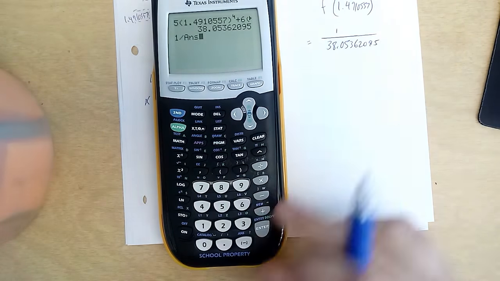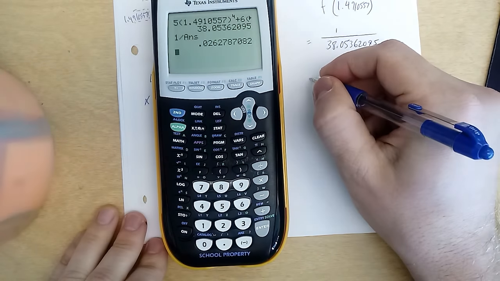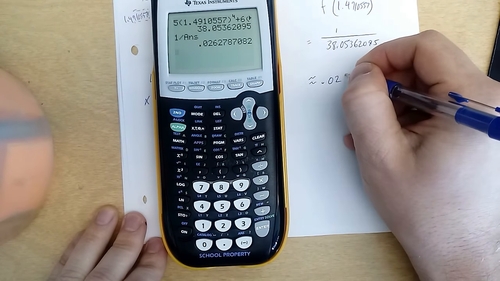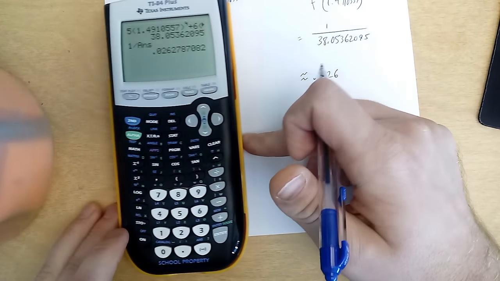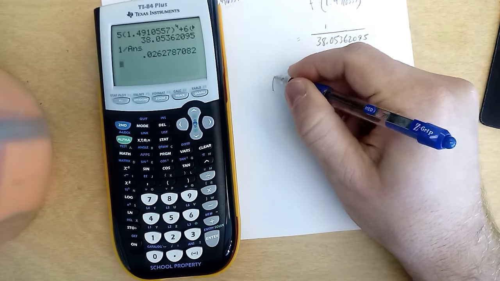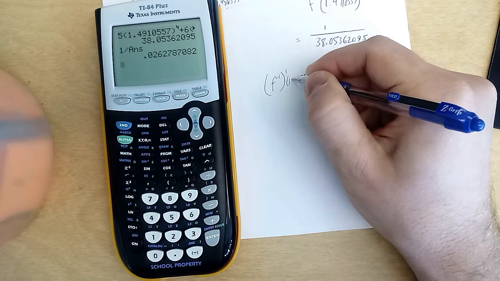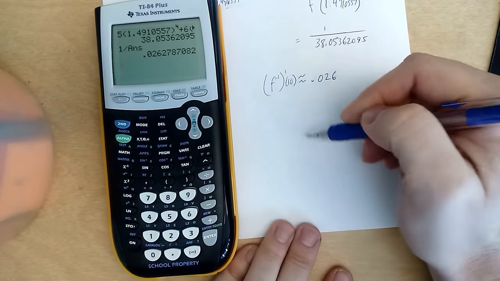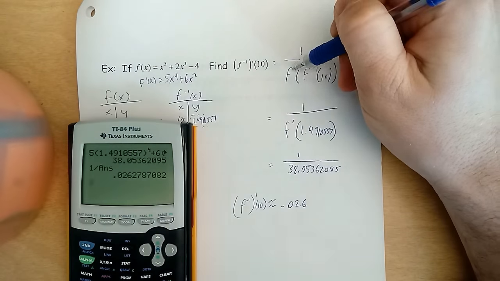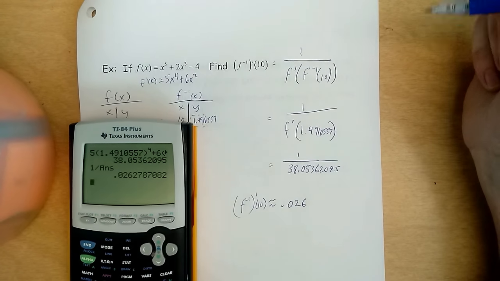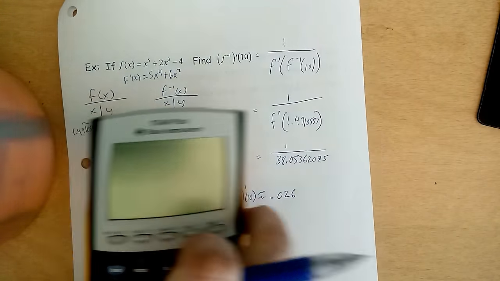So it'll just take that decimal, put 1 over it, and we got 0.026. So to finish this up, I'd say f inverse prime of 10 is equal to that. I used Magnum PI to solve it. Okay.